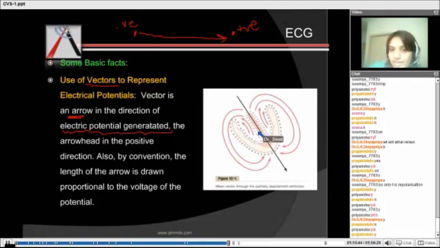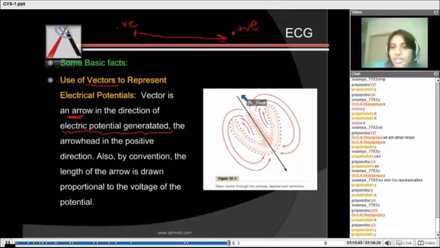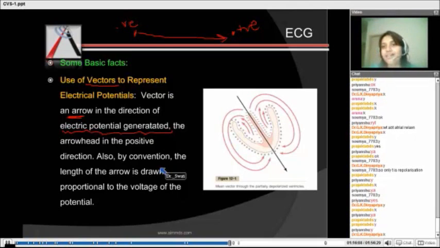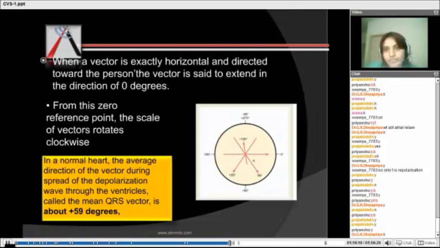Do you notice that? When we measure it, you will get an arrow in one direction, that is the representation of the electrical potential, and by convention the length of the arrow is drawn proportional to the voltage of the potential. However much the voltage is, the length indicates the voltage and the direction indicates the sweep of the potential, in which direction it is going. That is the vector. Okay?